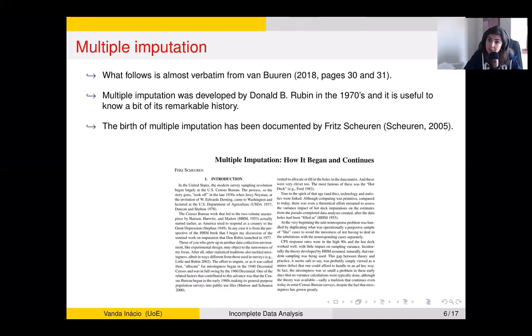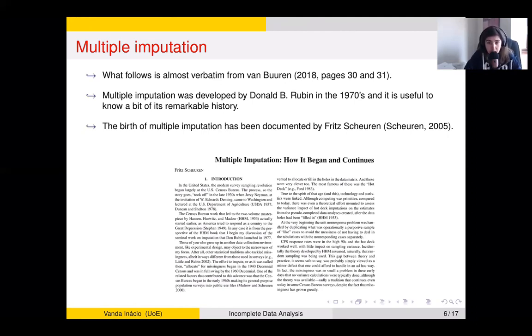Then in the last couple of lectures we learned about the EM algorithm and the seminal paper where the EM algorithm is formalized. Donald Rubin is one of the authors, and now finally we are learning about multiple imputation, and Donald Rubin was the creator of multiple imputation.